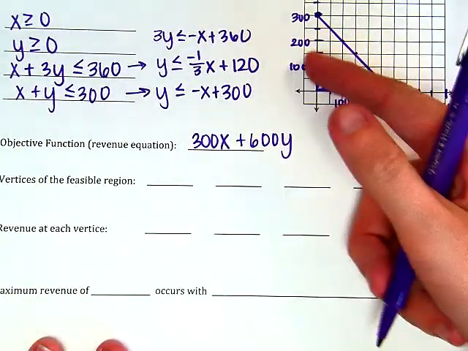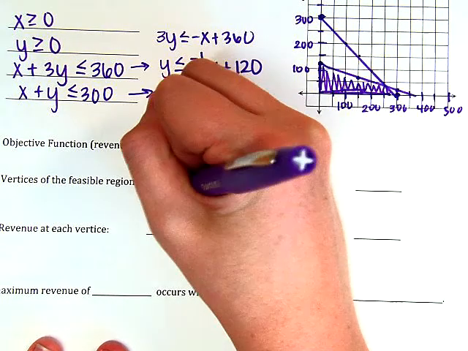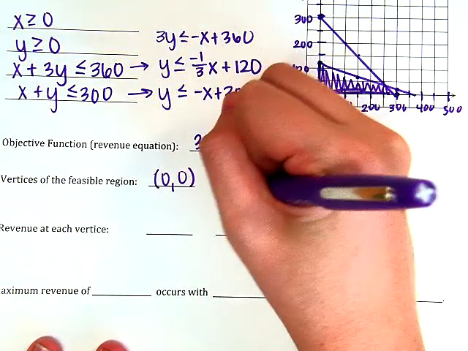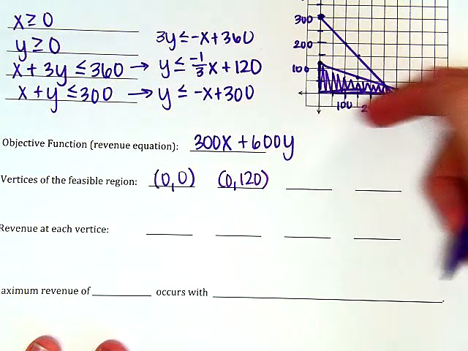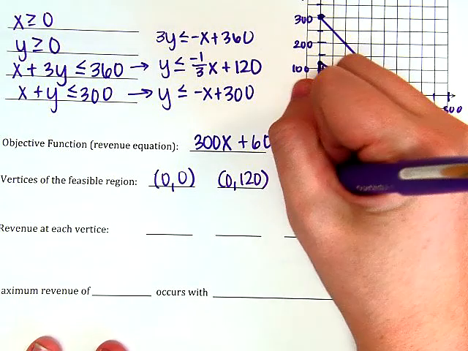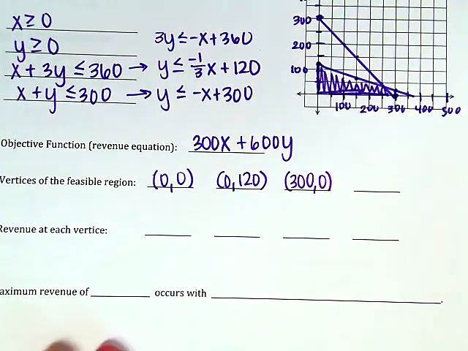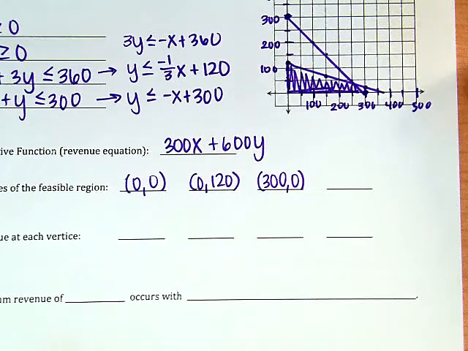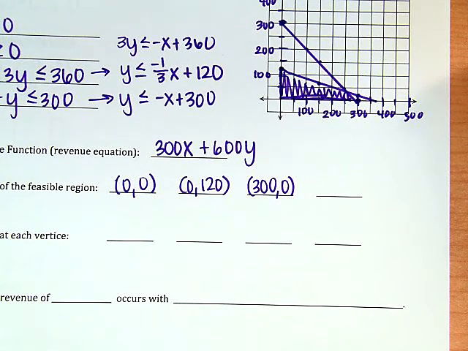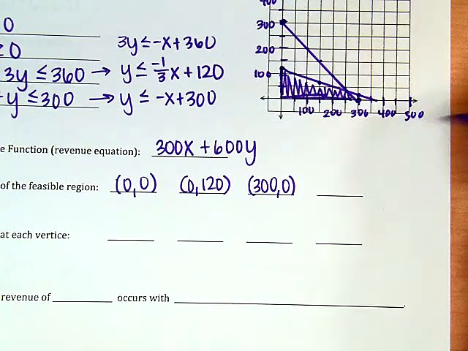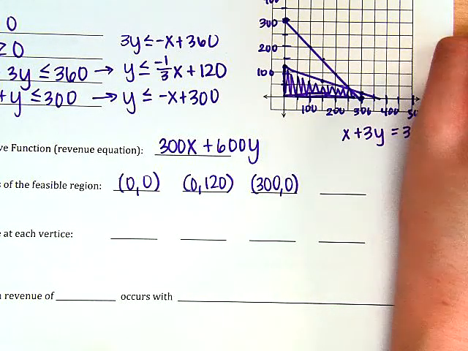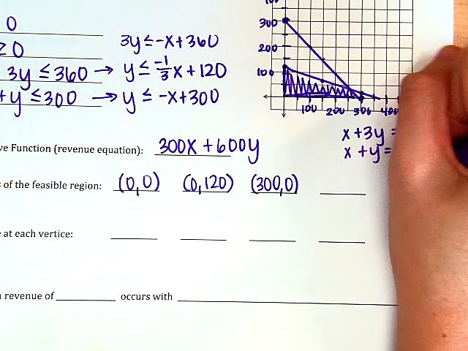That gives me four things that border it. I got 0, 0. I got 0, 120. I got 300, 0. Then my fourth dot, it's not clear from the graph, so to figure that out, I need to do either substitution or elimination. So my equations are x plus 3y equals 360, and x plus y equals 300.